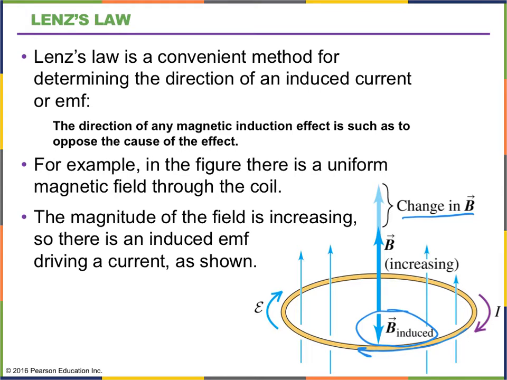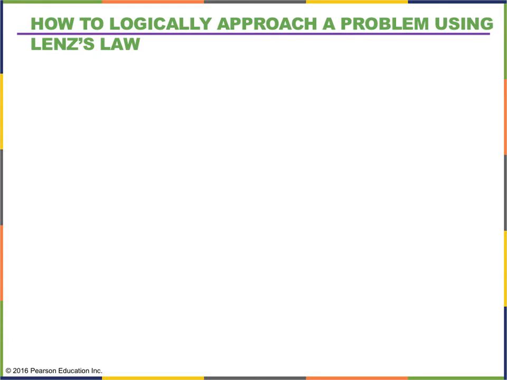Let's see if we can summarize these rules. So basically, the first thing that we need to do if we want to figure out the direction of the induced current is determine how the flux is changing.